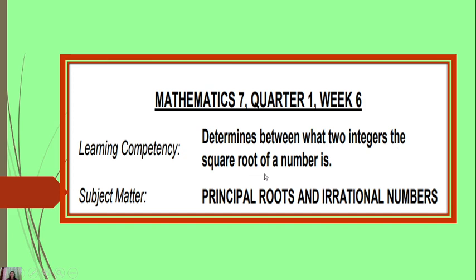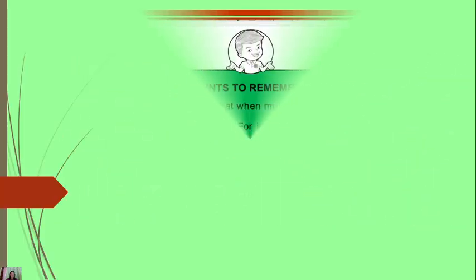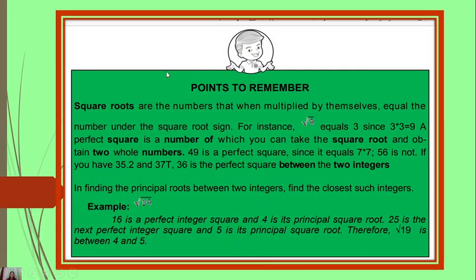So, maghahanap tayo ng dalawang integer na kung saan that is in between of that given irrational number. Okay? So, we have square roots. Alam na natin ang square roots. Okay? Square root of 9. So, we have 3. Right? And 9 is a perfect square because the principal root is 3.